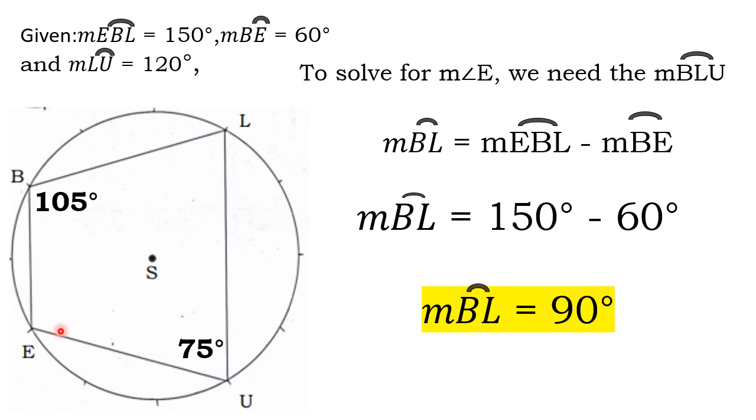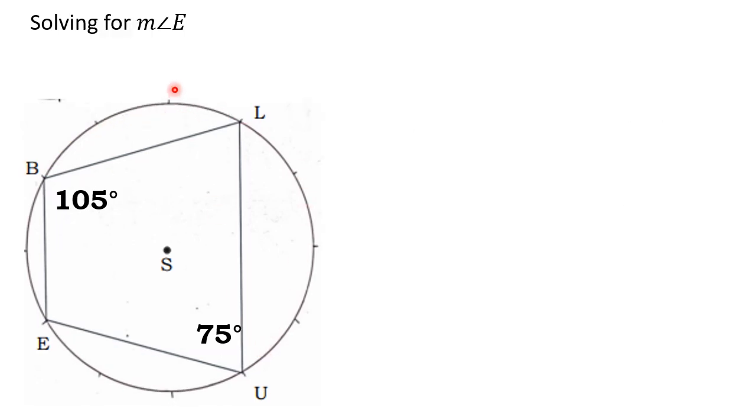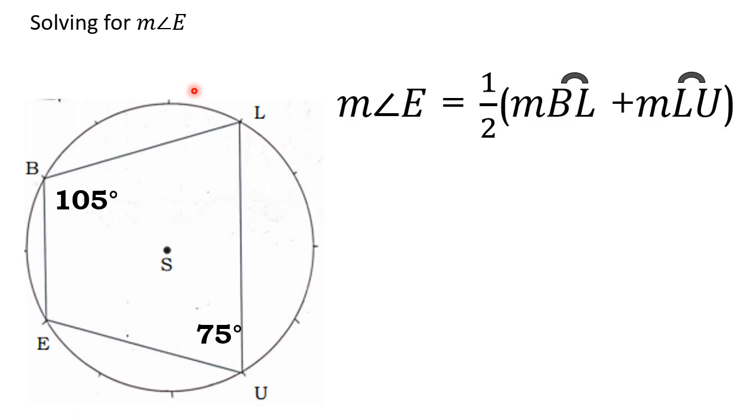So we can now solve for our angle E since we have already the measure of arc BL and arc LU. So solving for angle E, we have 1/2 of the measure of arc BLU.